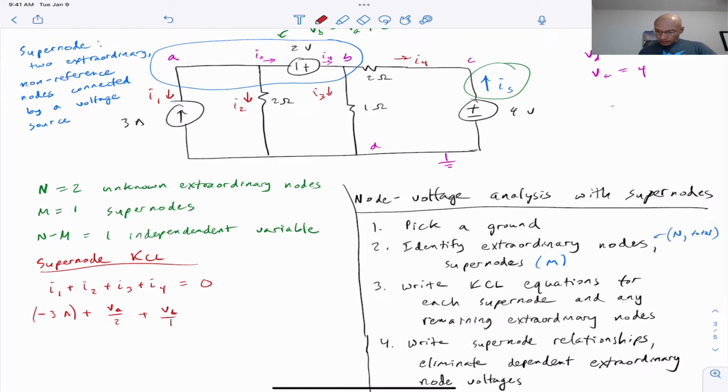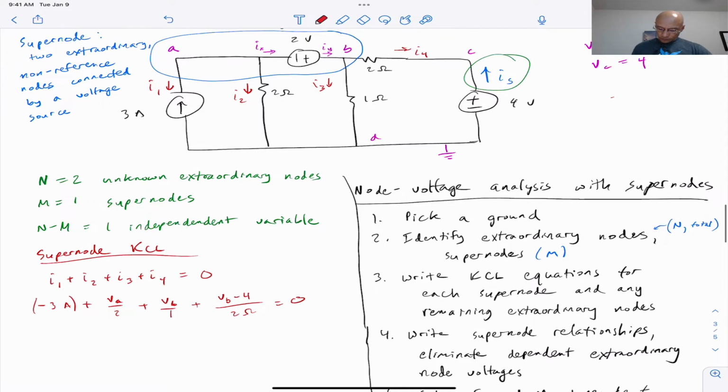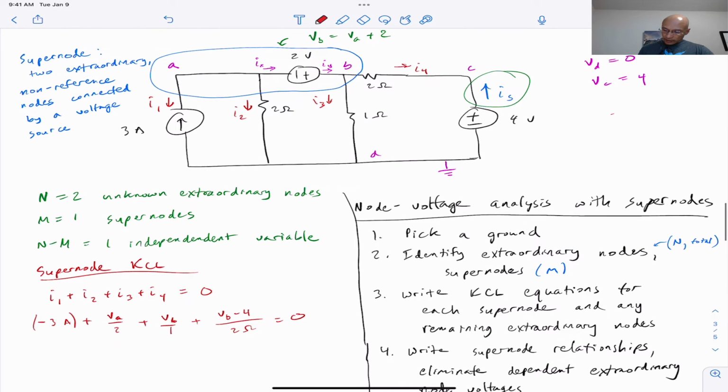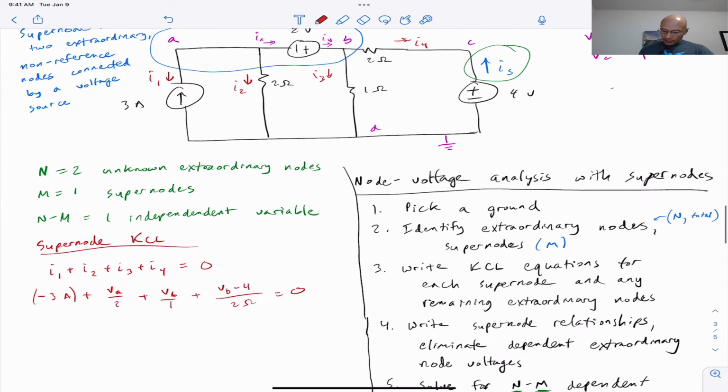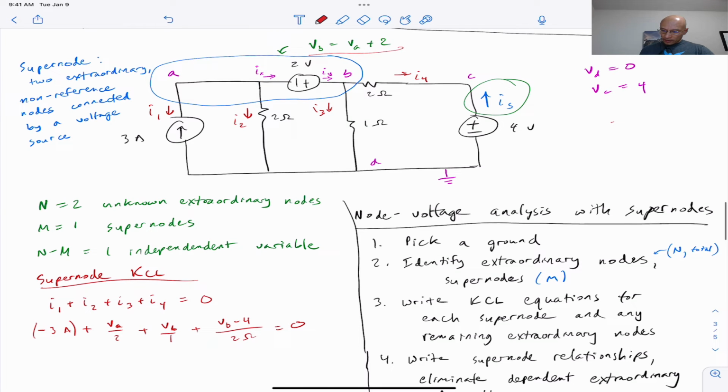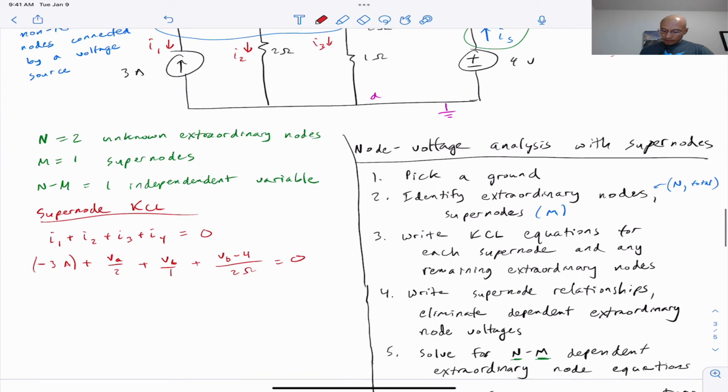And then I4 is VB minus 4 volts over 2 ohms. And all that has to sum to 0. Now, we've already written our supernode relation up here. So now we're going to substitute in so that we can eliminate VB.